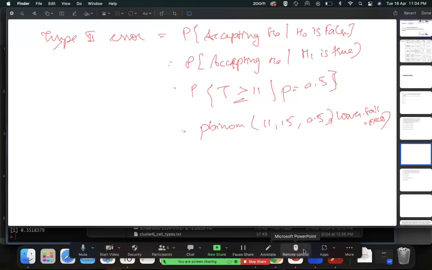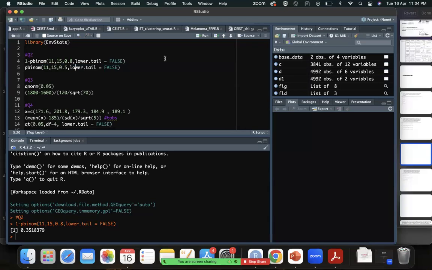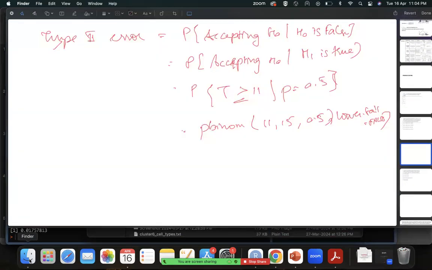Let's see what we get. So 11 comma 15, 0.5, lower.tail equal to FALSE. So we get 0.0175783.